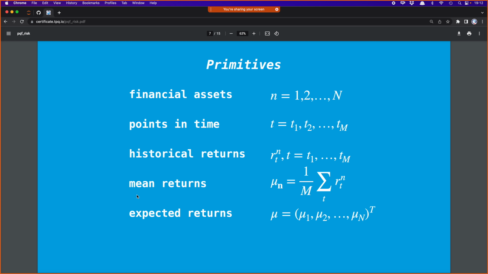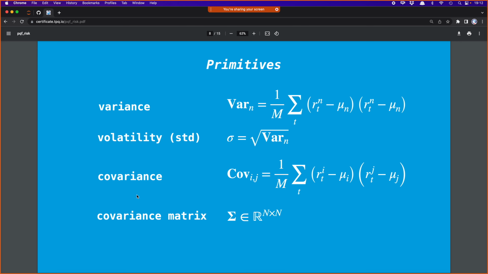It's rather about the data and the code, and it's just for you to have some mathematical formulas for what you see in the code, like number of financial assets. We have different points in time, historical returns, mean returns, expected returns, and then we enter the world where we say, well, standalone, of course, we have a return for every asset.